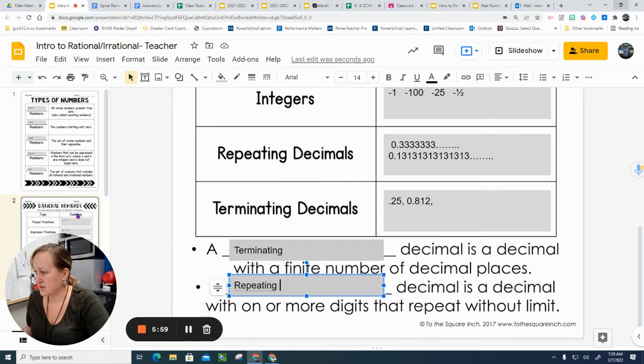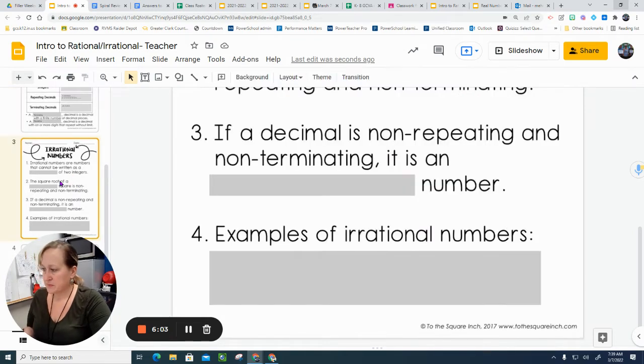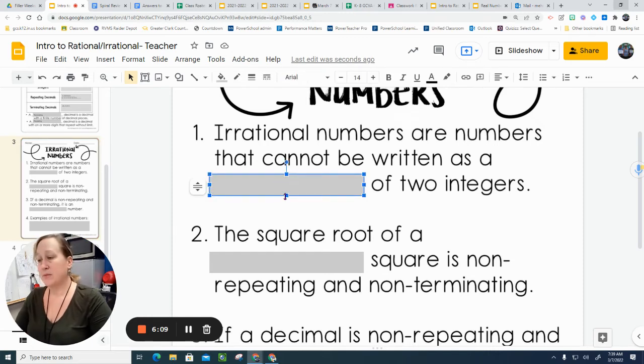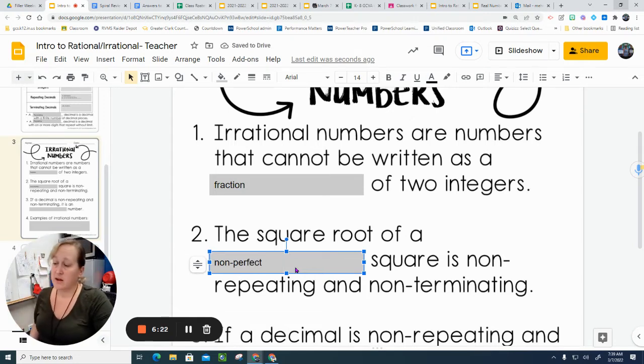I'm going to go to the next page. Okay, these are the irrational numbers. Irrational numbers are numbers that cannot be written as a fraction of two integers. The square root of a non-perfect square is non-repeating and non-terminating.